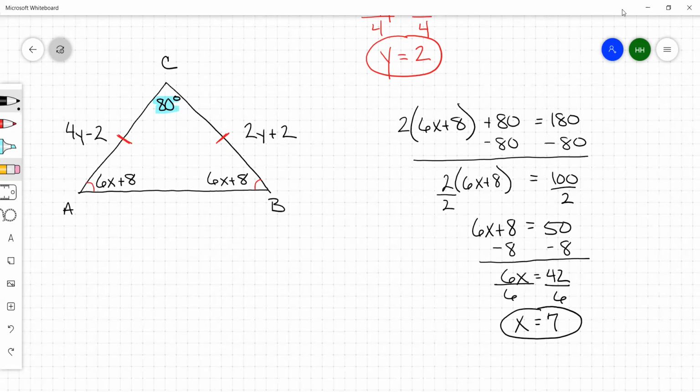So that takes care of our x value. For our y value, we can write an equation that 4y minus 2 is equal to 2y plus 2. We can subtract 2y from each side.